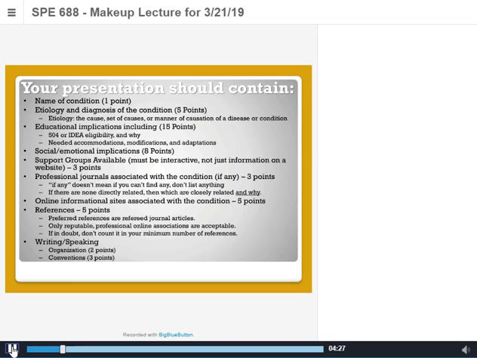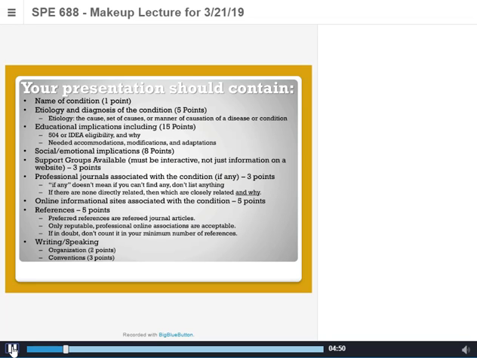Any professional journals that are associated with the condition. Remember, this is going to be a little tricky. Sometimes there are lots of journals dedicated to that condition that are really medical in nature, and that's fine, but what we're really looking for is something that might have resources for us at school.